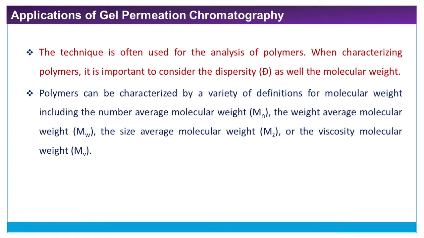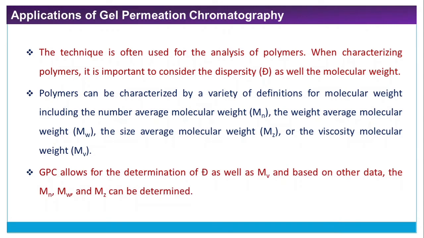Polymers can be characterized by a variety of definitions for the molecular weight, including the number average molecular weight, that is Mn, the weight average molecular weight, that is Mw, the size average molecular weight, that is Mz, or the viscosity molecular weight, that is Mv. So these are the various terms in which we can measure the molecular weight of a particular polymer.